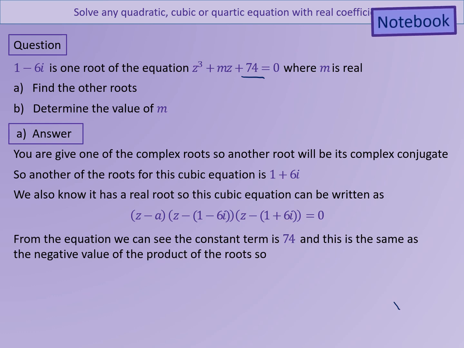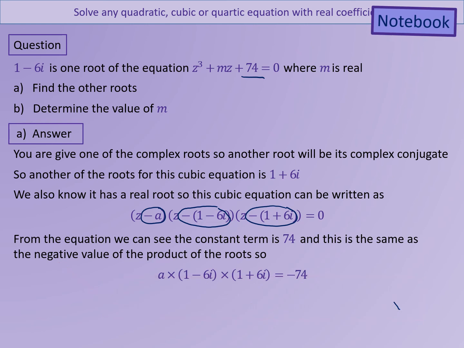Because we've got minus a here, and minus 1 minus 6i, and minus 1 plus 6i, if we multiply those three together, we would get minus times minus times minus, which is minus, and then the product of the three roots. So in other words, the negative of the product of the three roots will be 74.